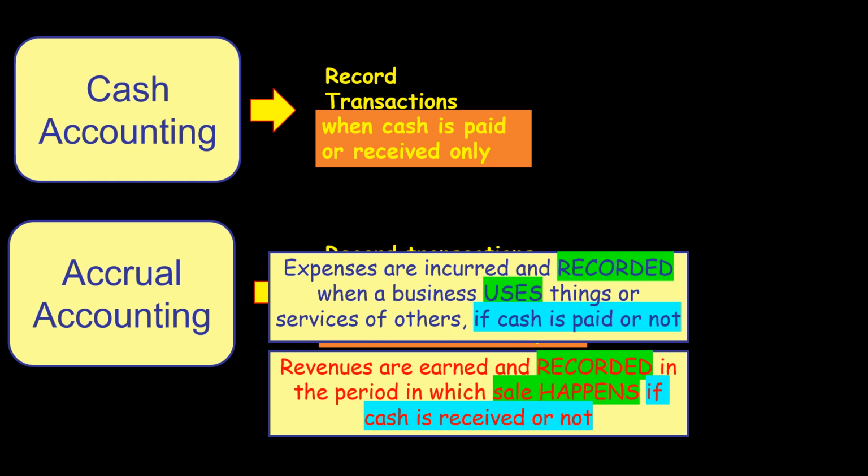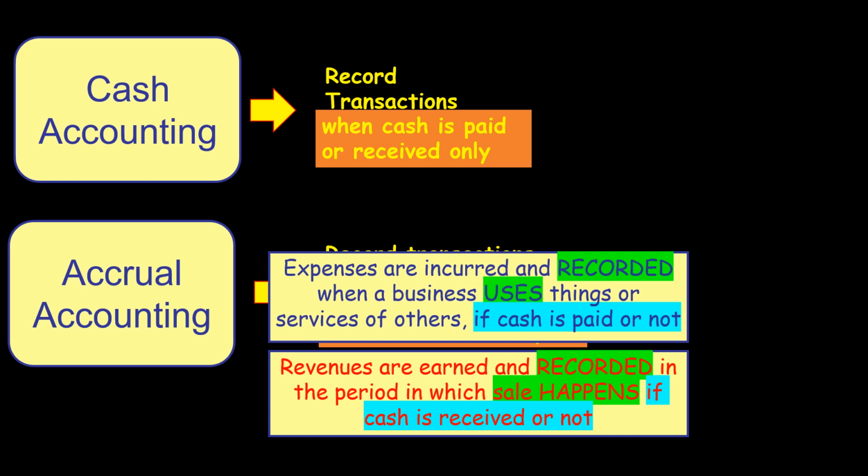So a sale that has happened and cash is received is recorded. If a sale happened but cash is not received, the business waits until the cash is received. So the business will not record a receivable. Similarly, a business will not record an expense if the cash is not paid for it. So there is no concept of payables in cash accounting.